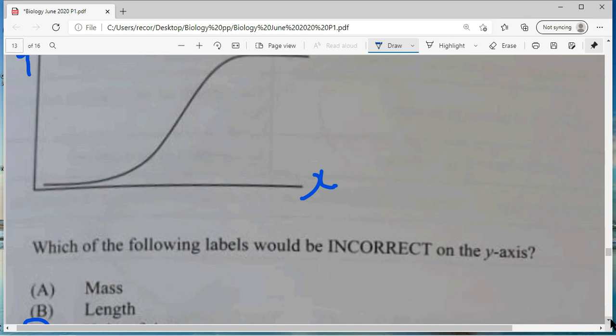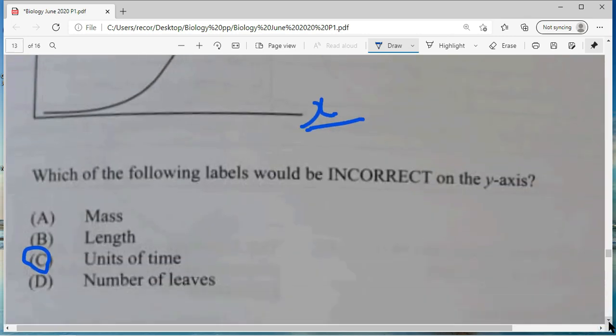Now, which of the following labels would be incorrect on the y-axis? For that reason, I labeled the axes so that we can recall them. Here we have the x-axis, and over here we have the y-axis. On the x-axis, we would have the independent variable, and on the y-axis, we would have the dependent variable.